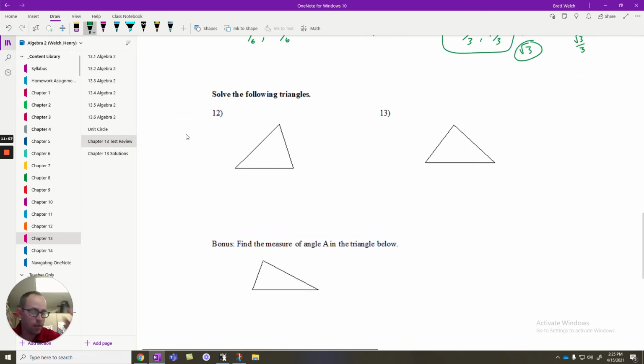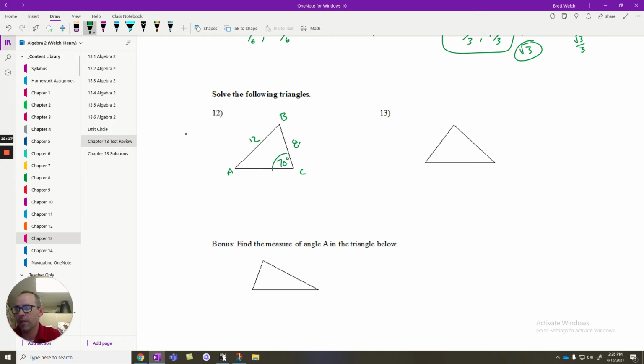I didn't give it on this version of the test, but let's go ahead and write in the numbers and the letters that I gave you. A, B, and C. We've got a 12 here, an 8 here, and a 70 degrees here.